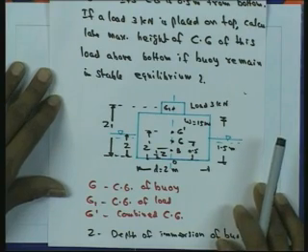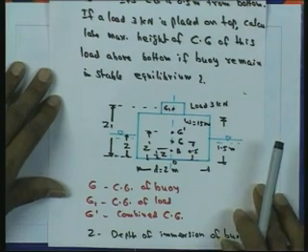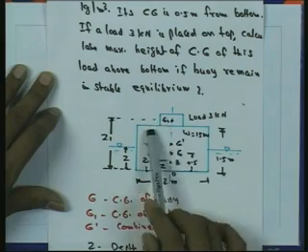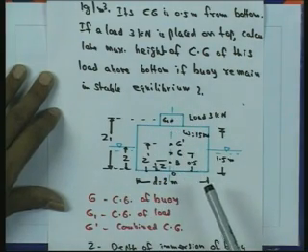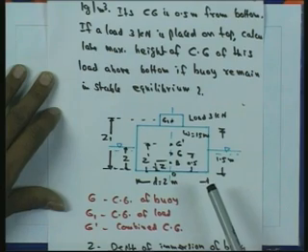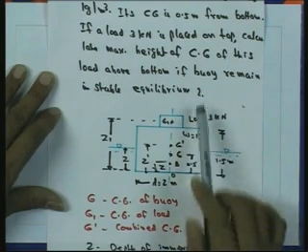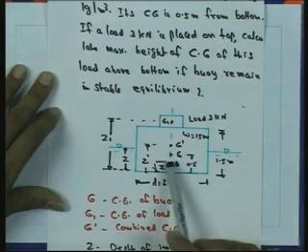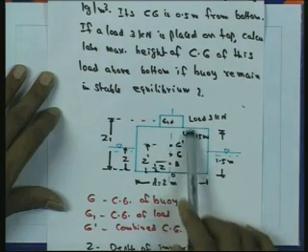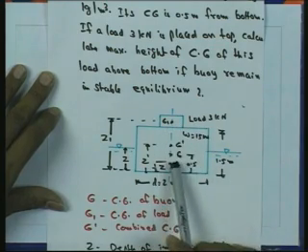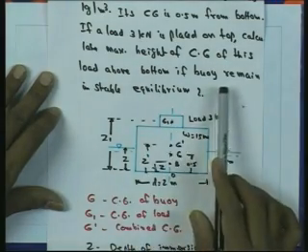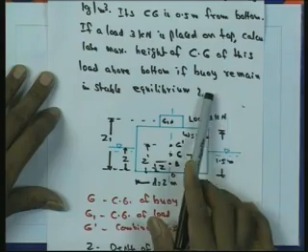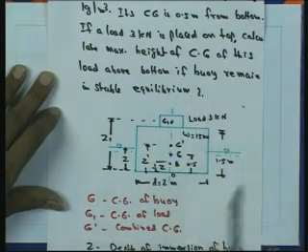Now we are placing a load of 3 kilonewton on the top of the buoy, like this. When we place the new load, the center of gravity will shift from G to G dash. We want to calculate the maximum height of the center of gravity of this load from the bottom if the buoy remains in stable equilibrium.